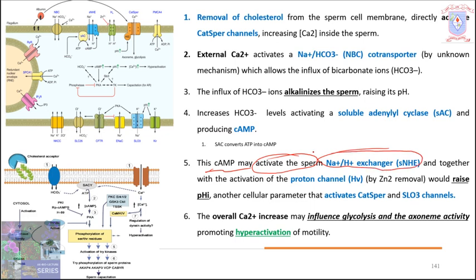So this cAMP activates another exchanger, that is SNHE, the sodium hydrogen ion exchanger, together with the activation of a proton channel. So cAMP activates two channels, that is the SNHE, the sodium hydrogen ion exchanger, and another channel, that is the proton channel. As a result of the activation of these two channels, pH rises.